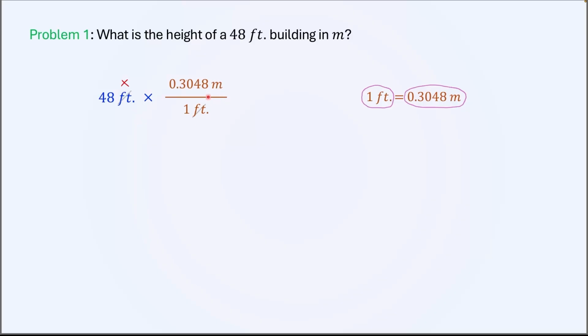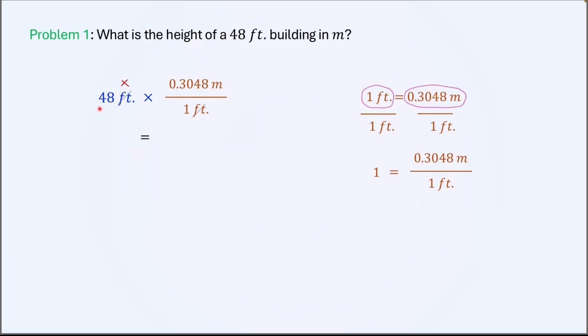You may have a question. How can I multiply this fraction with this quantity? Divide this equation by 1 foot. 1 foot divided by 1 foot is 1, which is equal to this fraction. So the value of this fraction is actually 1. Multiplying a 1 with any quantity does not change the quantity.